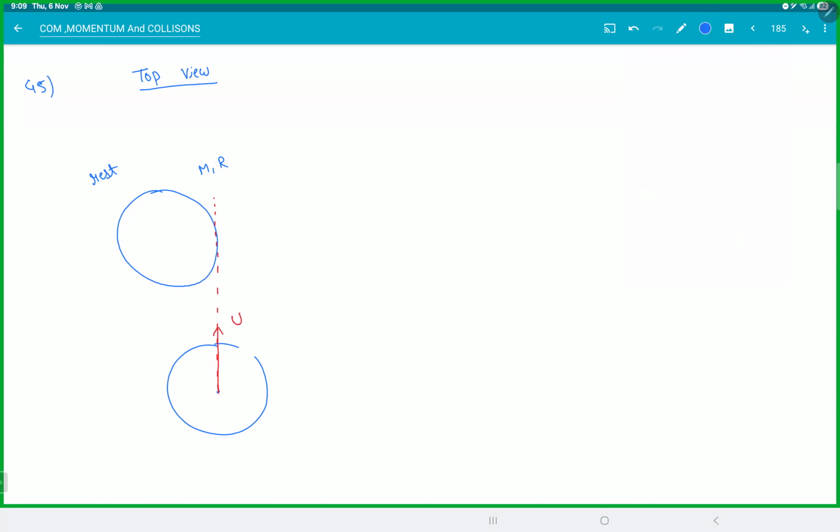This coin's mass is also m and r. We'll keep it simple for now. And e is equal to 1. This is the top view. So there are two coins. So instead of playing with the striker, you're playing with the coins. So the distance between them is r. So the smooth floor. Find the final velocities.